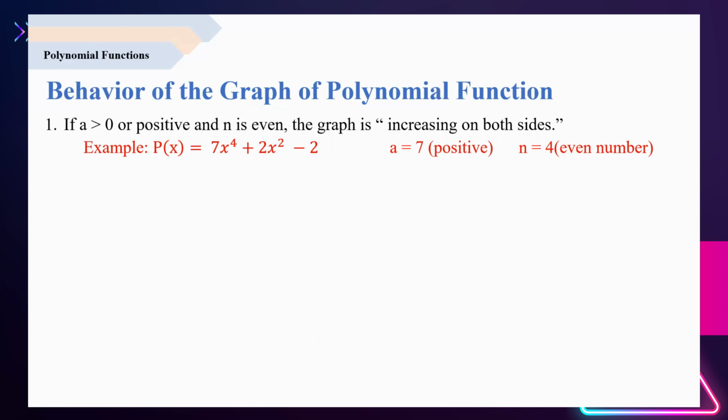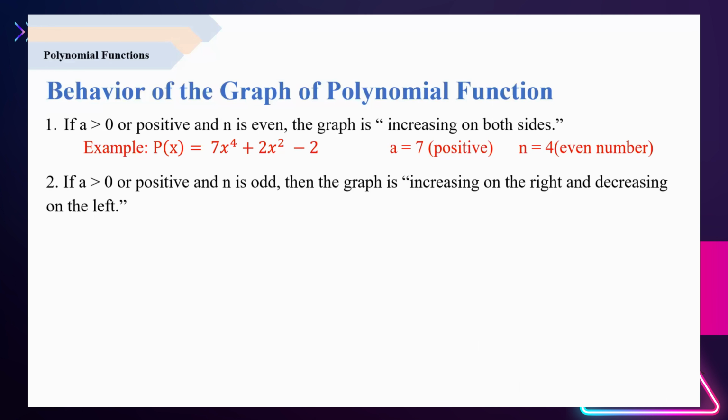Example, p of x is equal to 7x raised to the fourth power plus 2x squared minus 2. So, the value of a is 7, and that is a positive, and the value of n is 4. N is the highest exponent for an even number. So since a is positive and n is even number, therefore the graph is increasing on both sides.